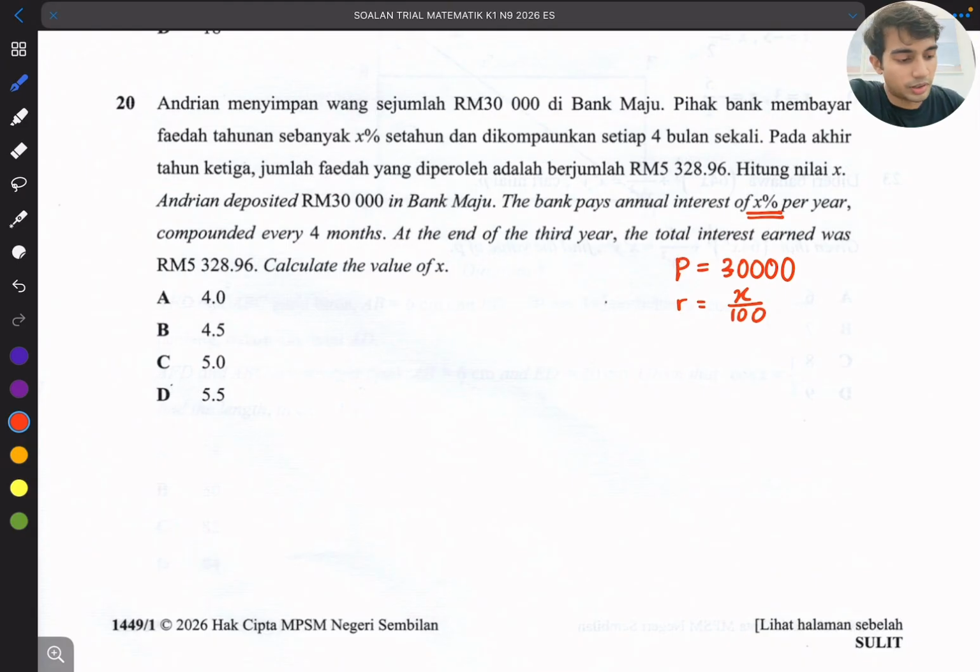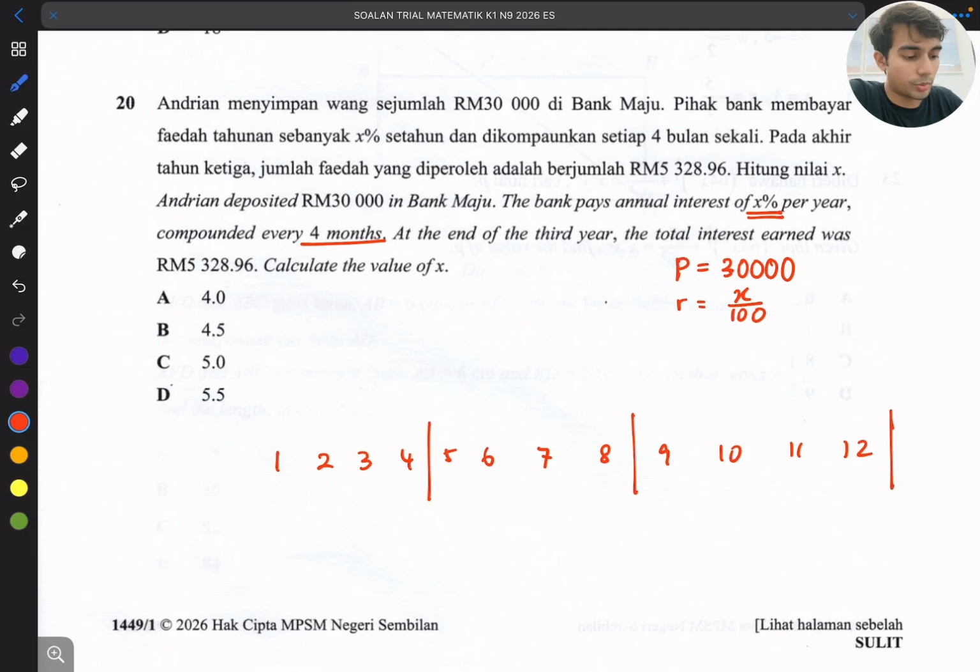Compounded every 4 months. One year has 12 months, right? So every 4 months it compounds once. It compounds a total of 3 times in that year. So n is 3.